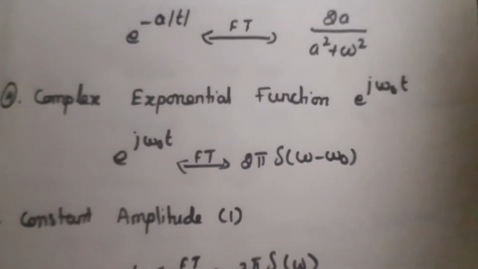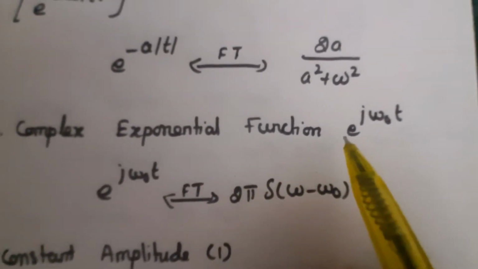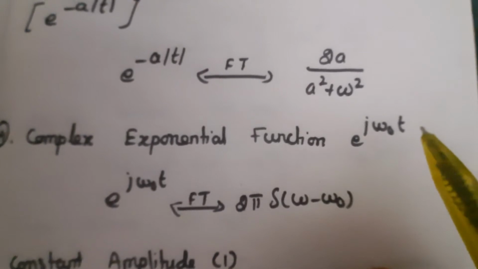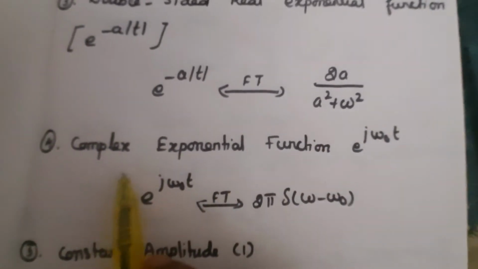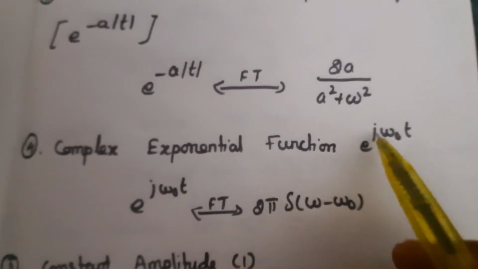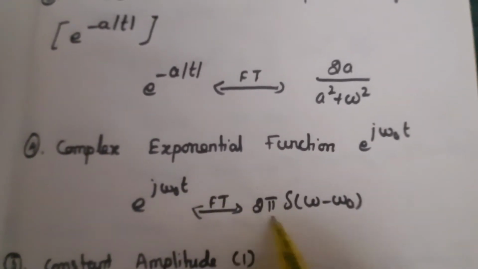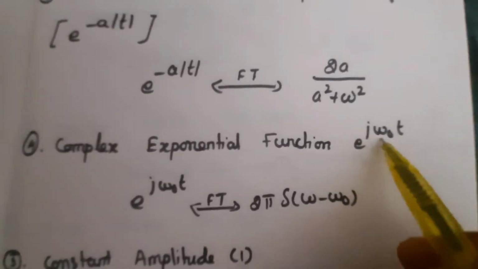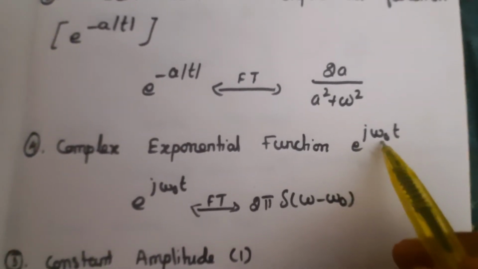And next one is the complex exponential function, that is e to the power j omega naught t. The Fourier transform pair here is 2 pi del of omega minus omega naught, shifted by this amount.